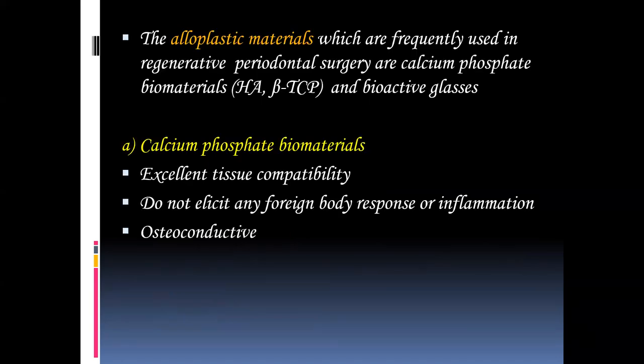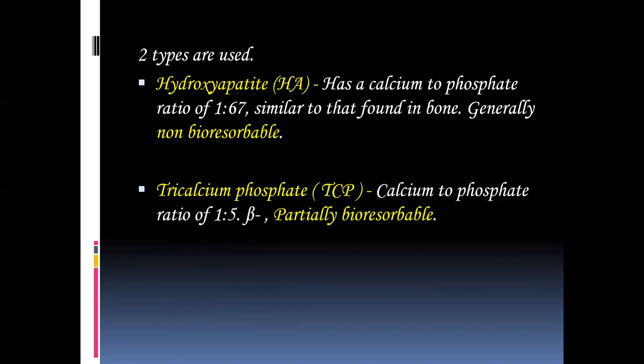The alloplastic materials frequently used in regenerative periodontal surgery are calcium phosphate biomaterials and bioactive glass. Calcium phosphate biomaterials have excellent tissue biocompatibility, do not elicit any foreign body response or inflammation, and are also osteoconductive. There are two types of calcium phosphate materials: hydroxyapatite and tricalcium phosphate.